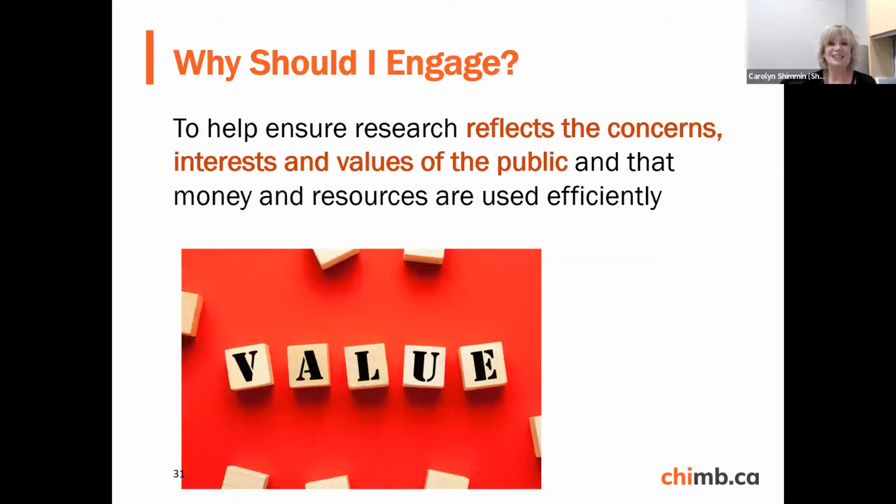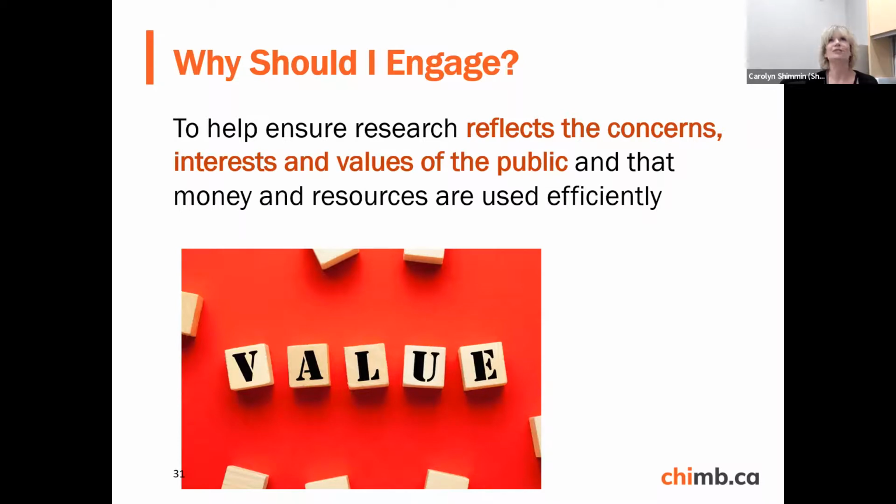And then finally, engaging people to help ensure that the research reflects the concerns, the interests, the values of those with lived and living experience, and that money and resources are used adequately. We see this in things like Indigenous community engagement and health research, and things like the OCAP principles that are laid out, where research that is being done reflects what communities identify as important to them, to their community, versus what researchers think are important.